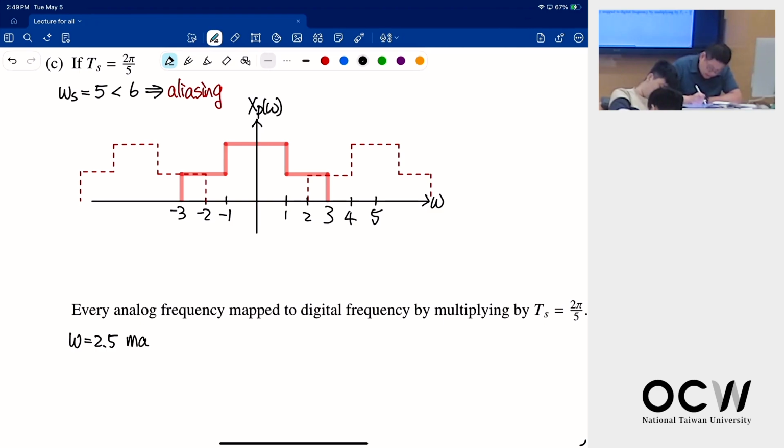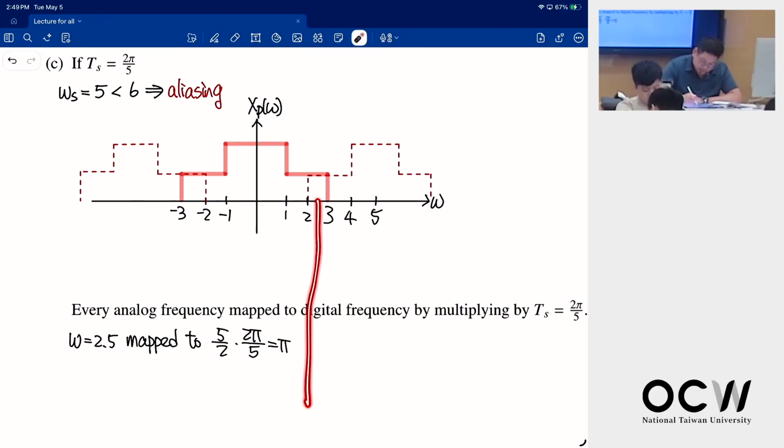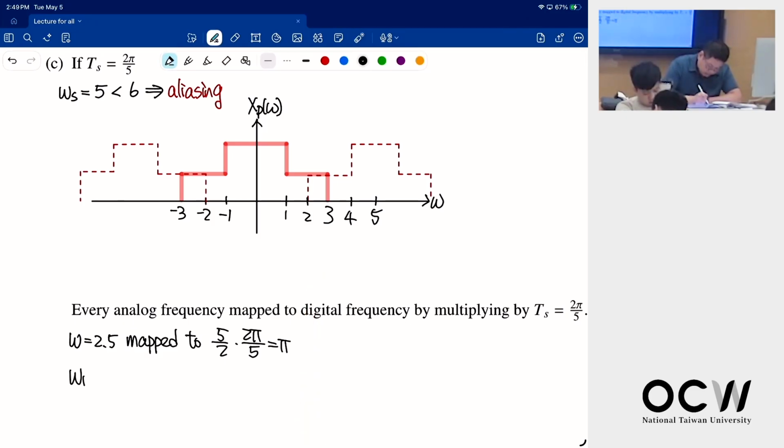that means they will map to 5 over 2 times 2π over 5, which is π. Okay, so 2.5 will map to π.